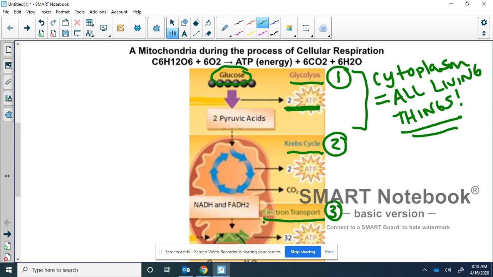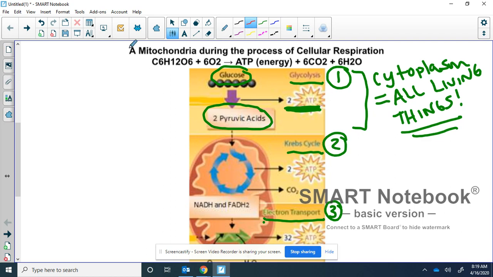This product is what's most important. The other product we make is called pyruvic acid. I don't know exactly what pyruvic acid is, but I know that it's what we get when we take glucose and tear it apart. All living things will go through this first step.